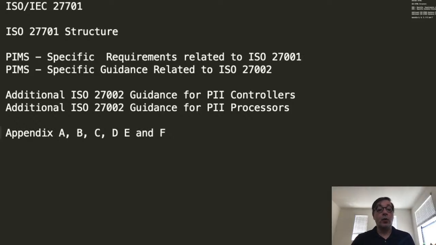Some jurisdictions require that the contract include the subject matter and duration of the processing, the nature and purpose of the processing, and the type of PII and categories of PII principals.